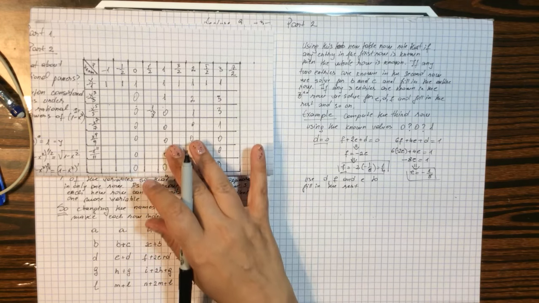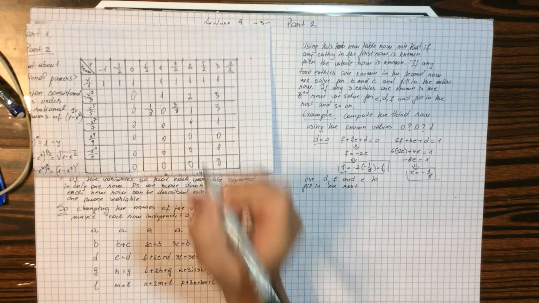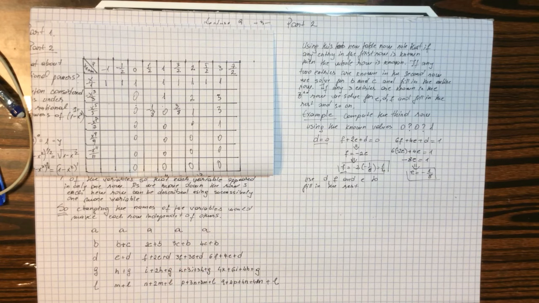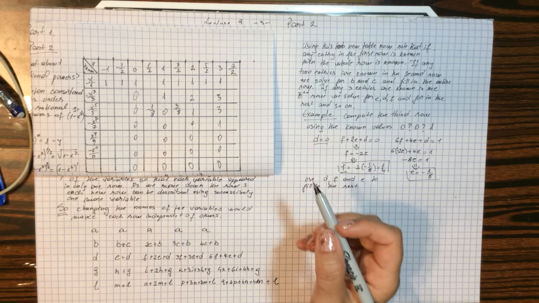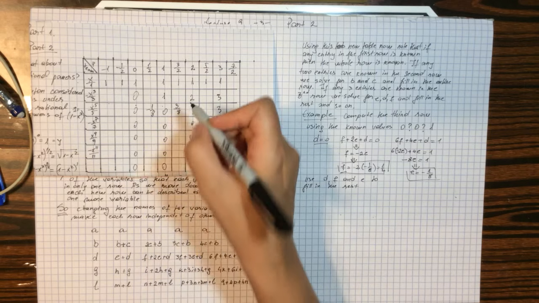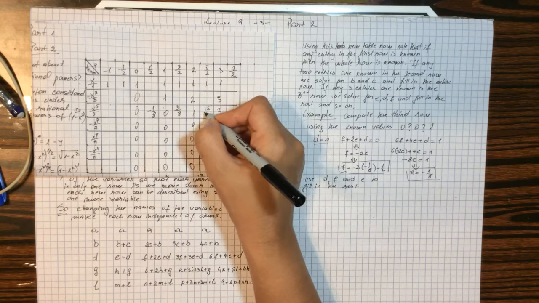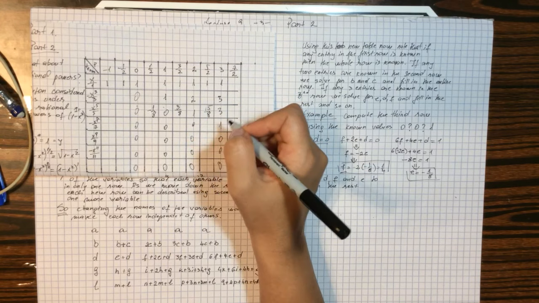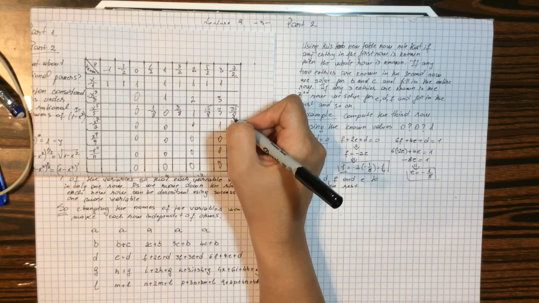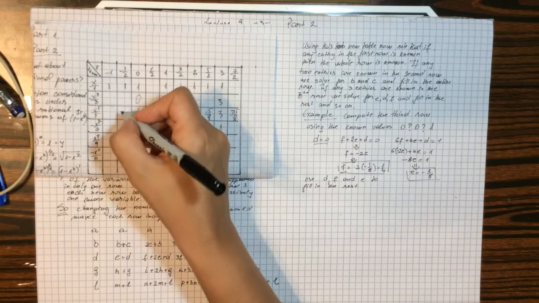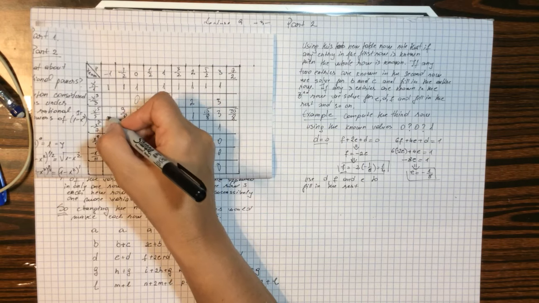Between 0 and 1, I should have 3 over 8. You do have a formula for it. For the next one, you should have a 15 over 8, 35 over 8, and then here you should get a 3 over 8, and you should get a 1 here.